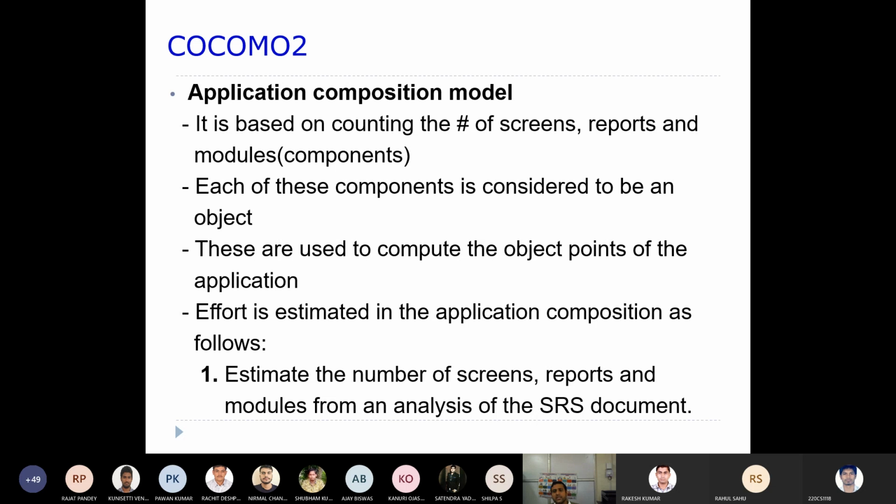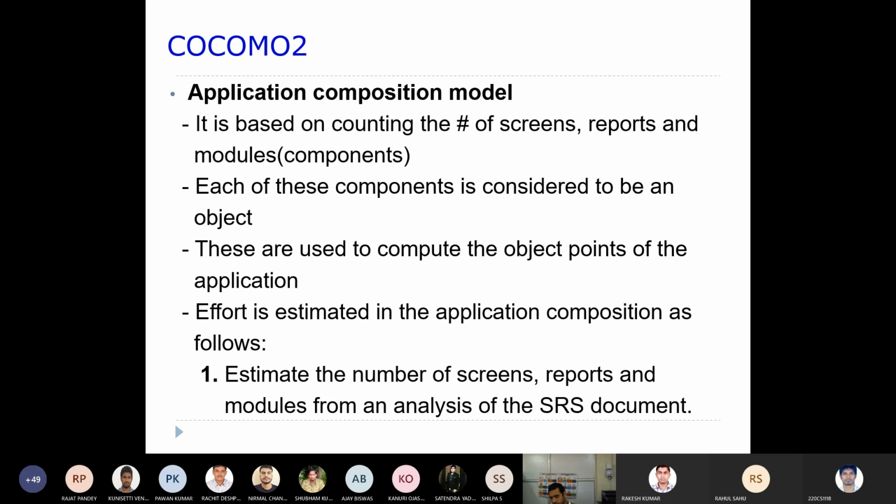That is the reason why each and every component is considered an object, and these are used to compute the object points of the application. At last we are going to find the number of object points. So if you have 10 components, for example, then you will have 10 objects. Based upon these objects we compute the cost.